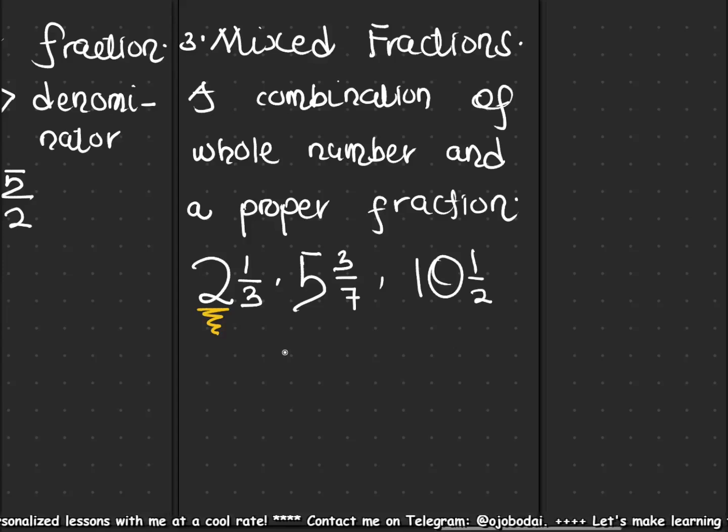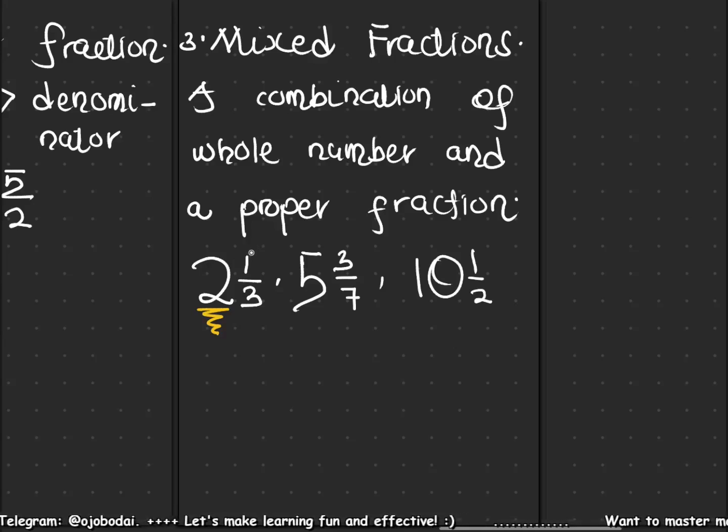Now that we know what these fractions are, it is important to note that fractions can be converted to decimals, and they can also be converted into percentages as well. Fractions can be converted into what? Decimals, and can also be converted into percentages. That is what we'll be doing in our next lesson.